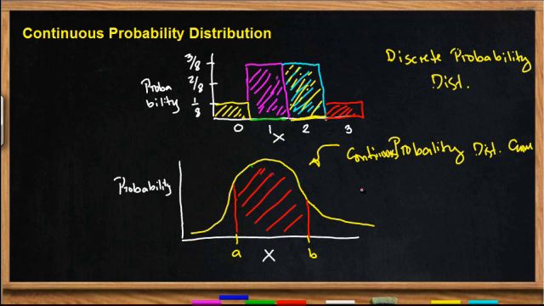So the probability that x is greater than a and less than b is equal to the area of the shaded region, or the shaded area.